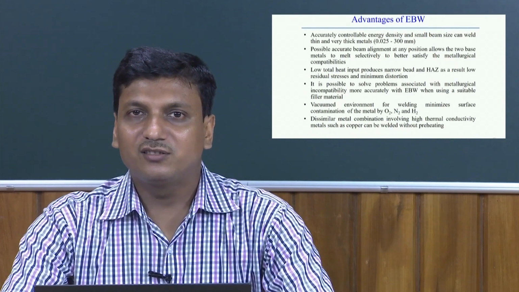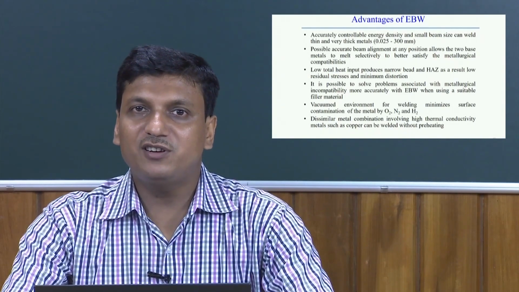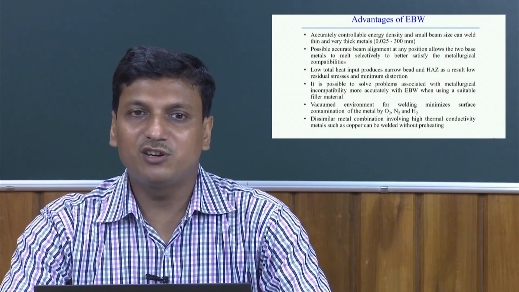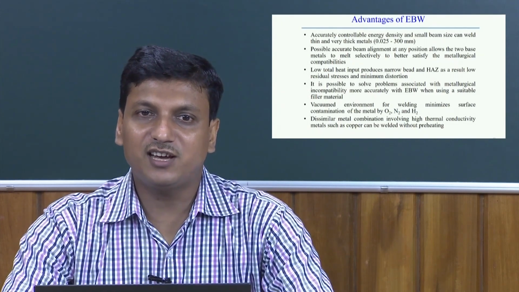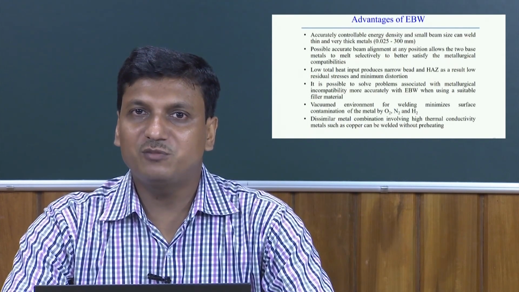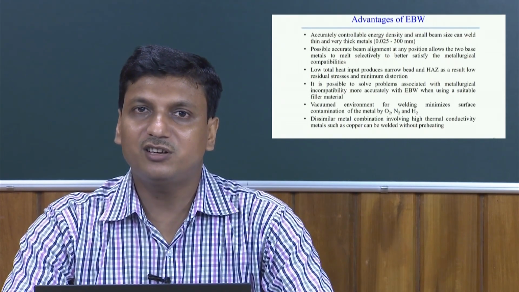But the joining of dissimilar materials can be done in a more controlled way using the electron beam welding process. The main advantage is that we use a vacuum environment when we join the workpiece material, whether similar or dissimilar, using electron beam welding.